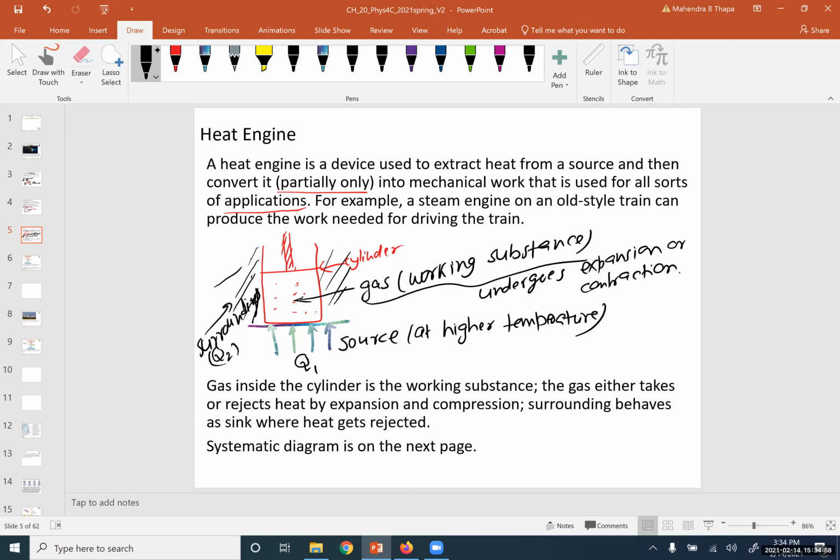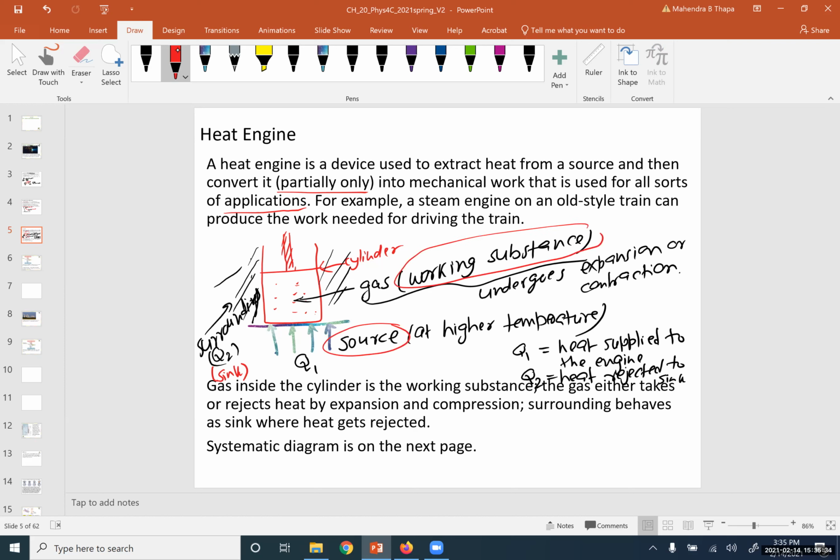Q1 is the heat supplied to the system or to the engine, and Q2 is the heat rejected to the sink. The outside is also called the sink. So we are using the terms source, sink, and working substance.